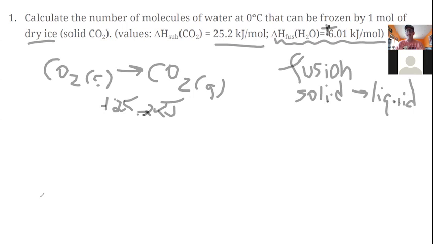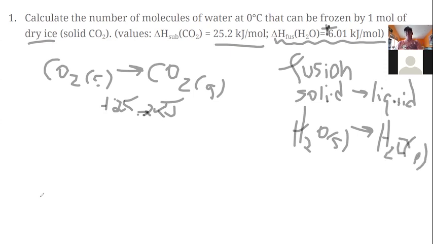So when we add 6.01 kilojoules per mole, that's the amount of heat it takes to change solid water to liquid water. That takes heat, right? We have to add heat. So we take ice out of the fridge, it starts to melt because we're adding heat. The heat from the room is going into the ice and turning into a liquid.